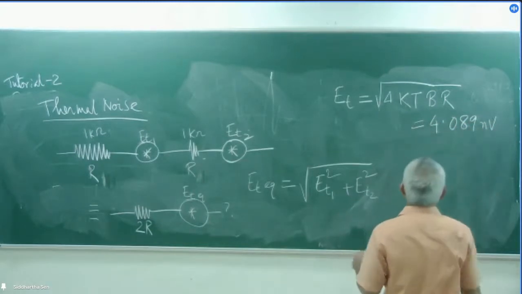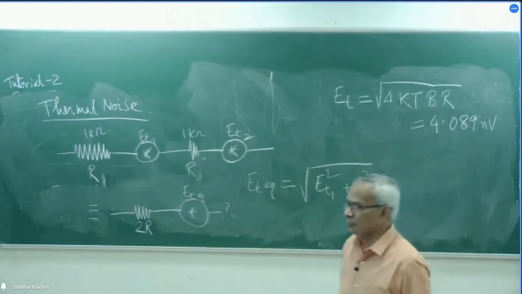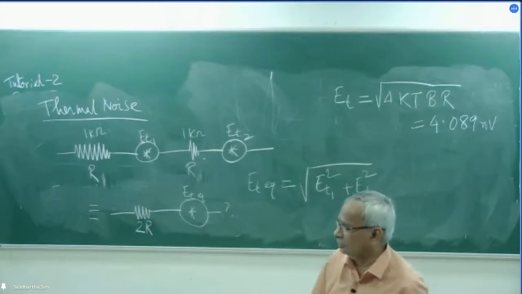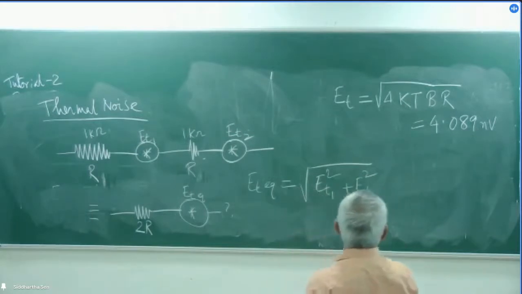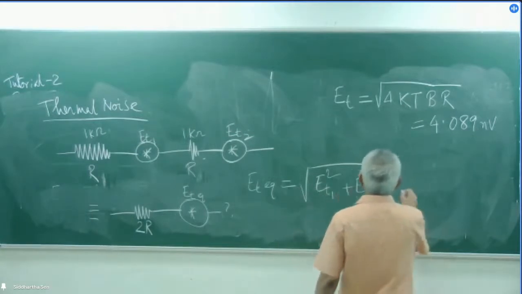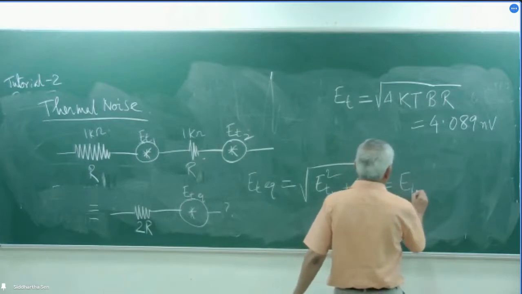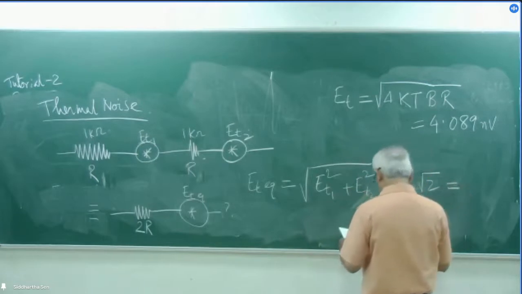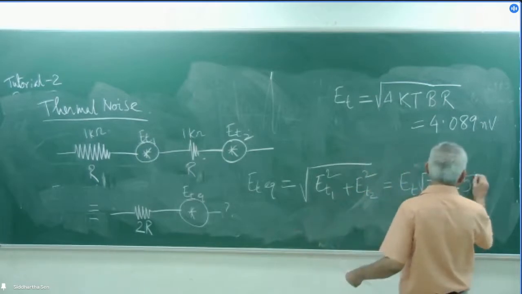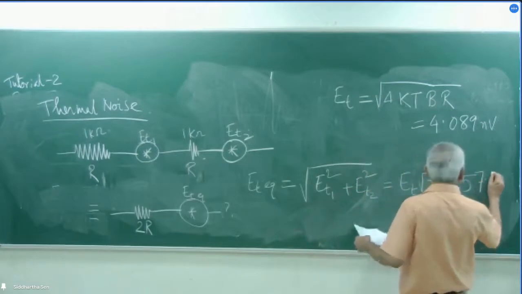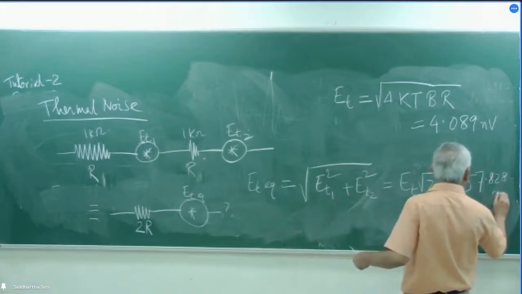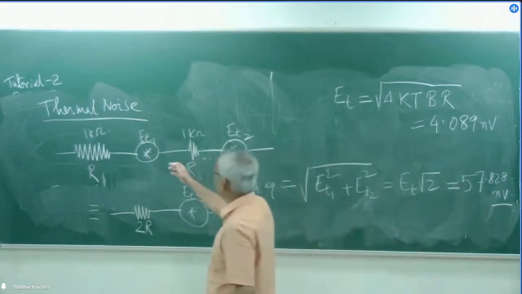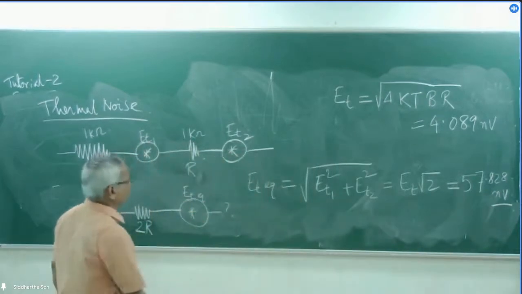Very small voltage, but when we are going for very small voltage detection, nanovolt or so, then it would be a problem. And for the series case, it is basically ET into root of 2. So it comes to be equal to 57.828 nanovolt.